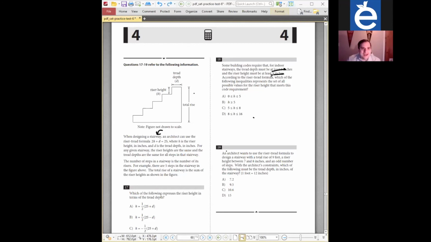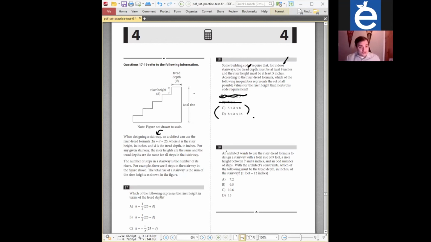Well, the riser height has to be at least 5, so those answers go away. And if there is a definition on tread depth, then you can't have an infinite height. You are gone. So now let's take a look at the two plausible answers.